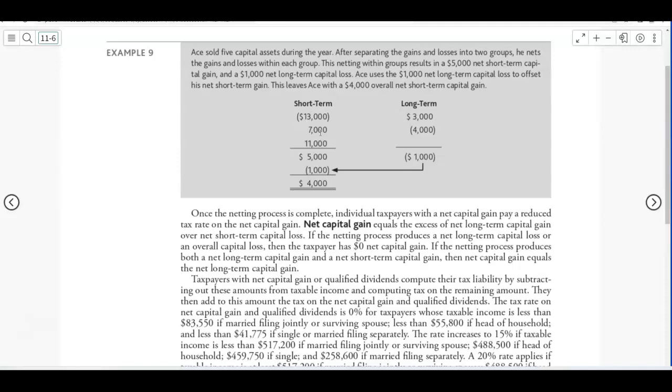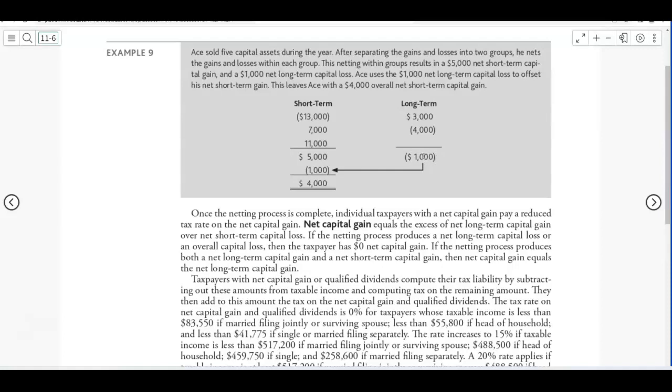So 13 plus 7 plus 11 gives us 5,000 short-term loss. Short-term gain, 5,000 short-term gain. On the other side, we have 3,000 gain, 4,000 loss, long-term. So we net that. That gives us $1,000 long-term loss.